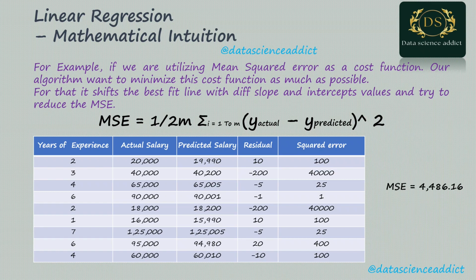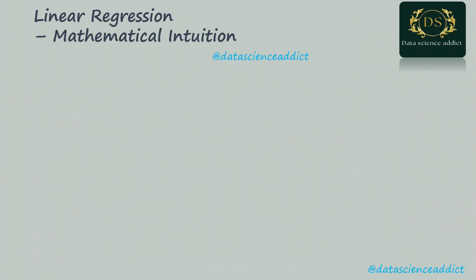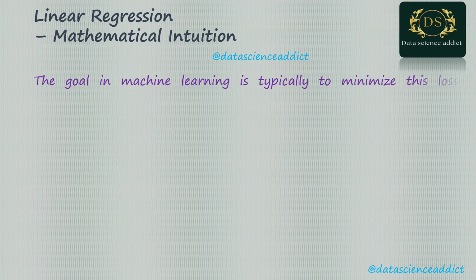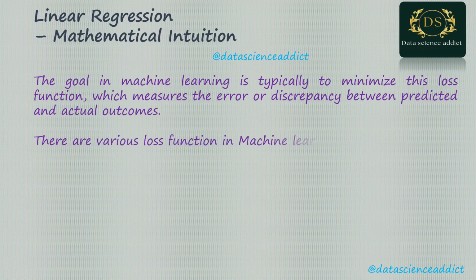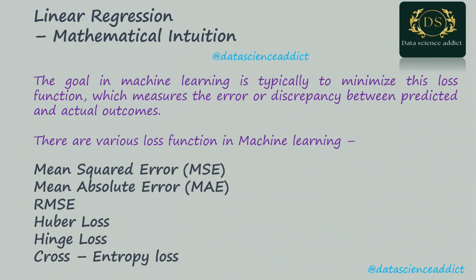So the goal of machine learning is typically to minimize this loss function, which means the error or discrepancy between predicted and actual outcomes. There are various loss functions in machine learning: mean squared error, mean absolute error, root mean squared error, Huber loss, hinge loss, cross entropy loss. For all of these, we'll make a separate video where we'll discuss each one of them.